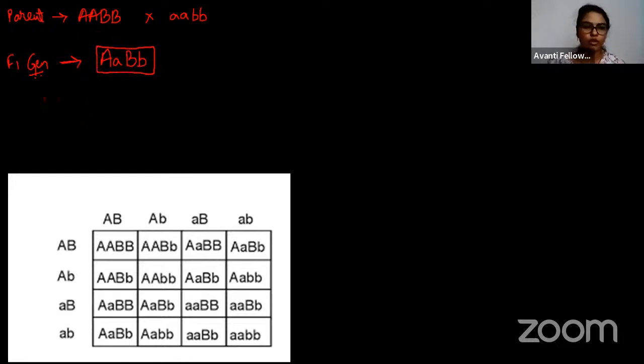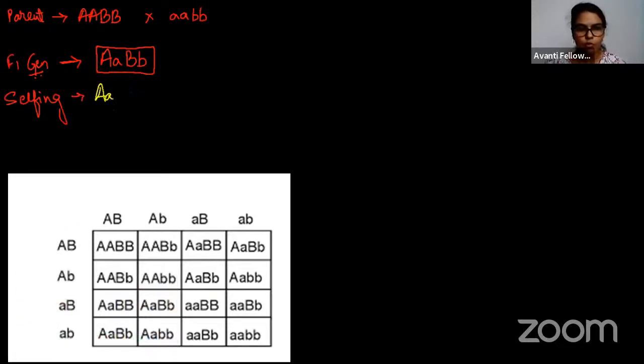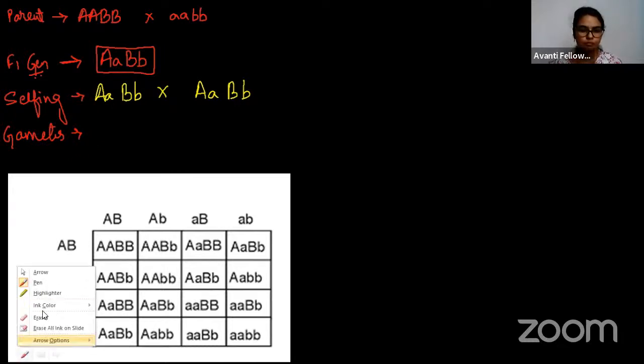After this, we are going to do the selfing. In selfing, capital A small a, capital B small b is crossed with capital A small a, capital B small b. For this we have to take out the gametes. I have told you how to take the gametes.